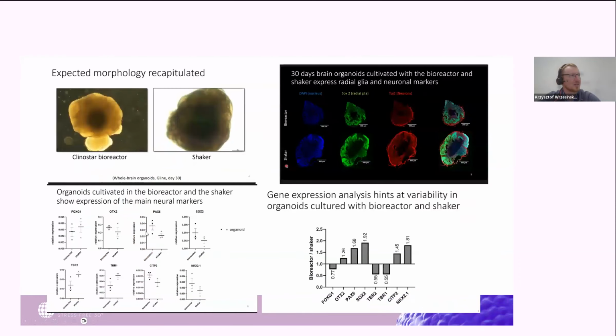They created neuronal organoids and compared the shaker with Geltrex against the clinostat system with cells alone. They compared several parameters and were very happy with the results. They could say, okay, we can remove the artificial ECM-like component from our model.